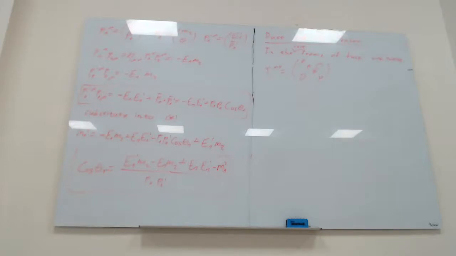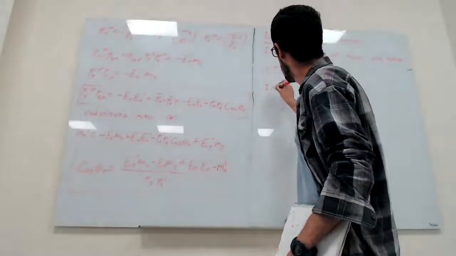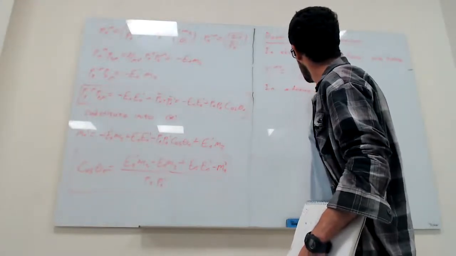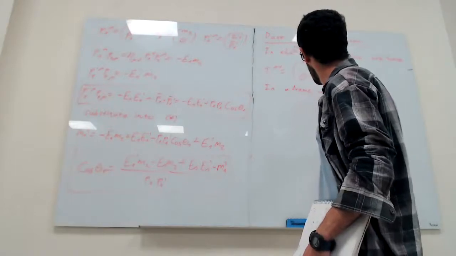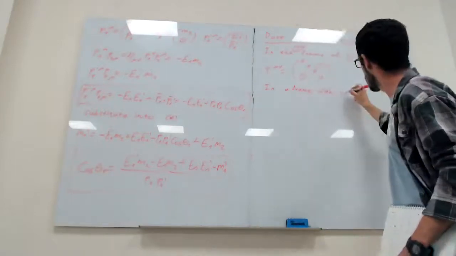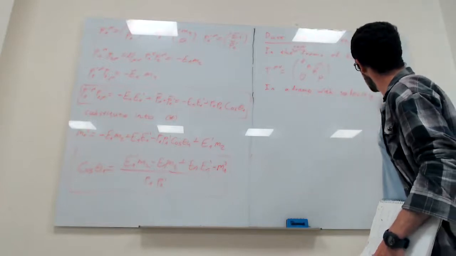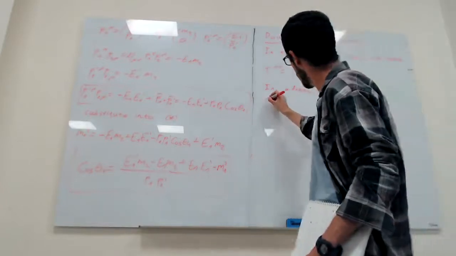What do we have in the frame with velocity v?